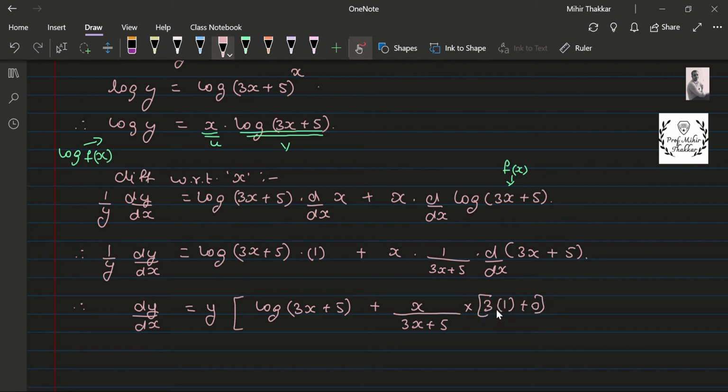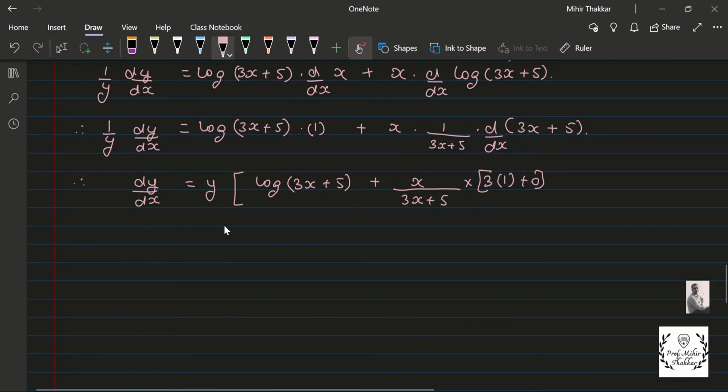Now we resubstitute the value of y. We can write over here dy by dx equals, and what was your value of y?